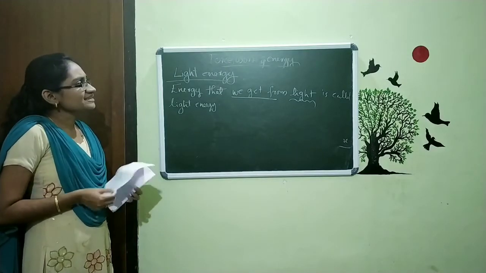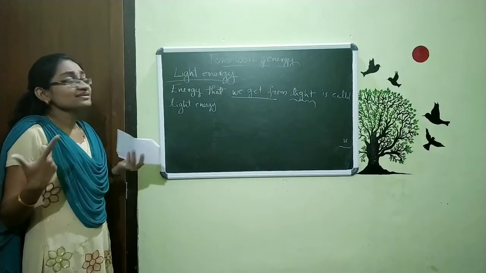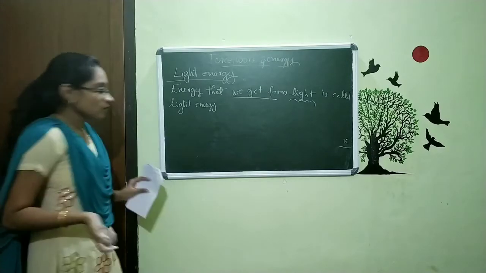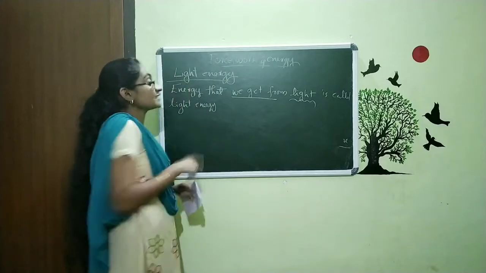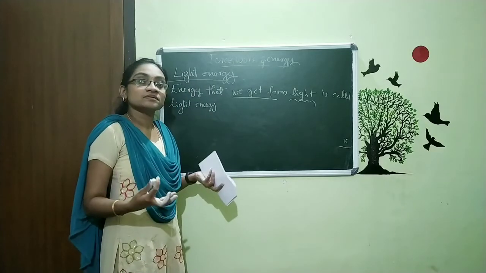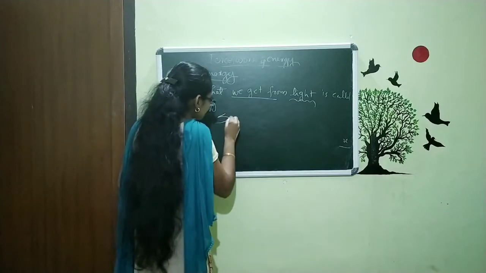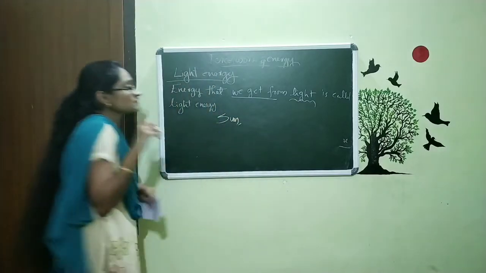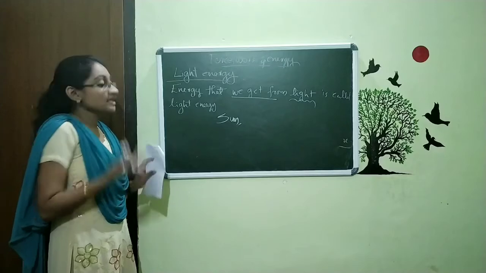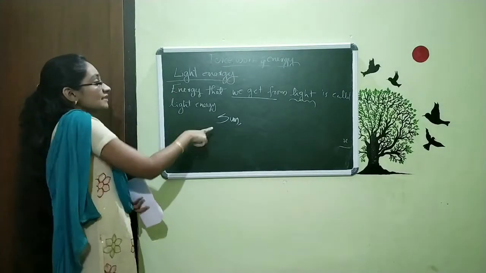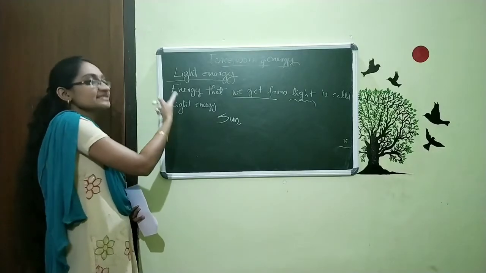Now the question is, what are the sources that produce light? Basically we know the big source of light on our earth, our planet, is the sun. So the first source that produces light is our sun itself. So the sun produces light energy.